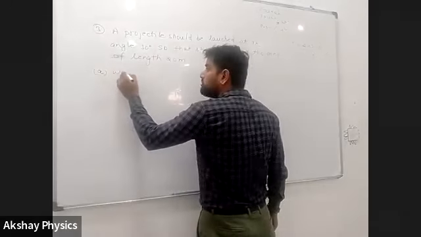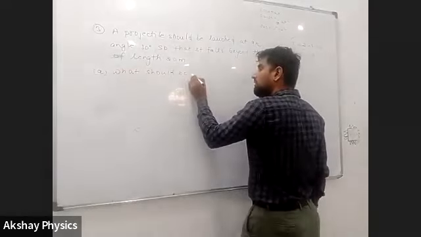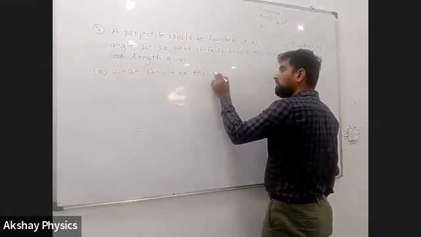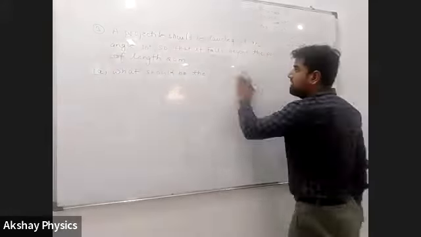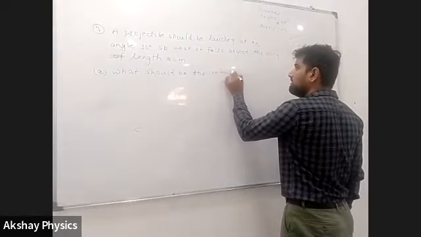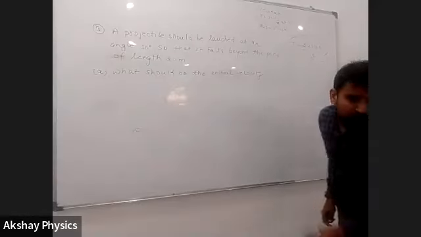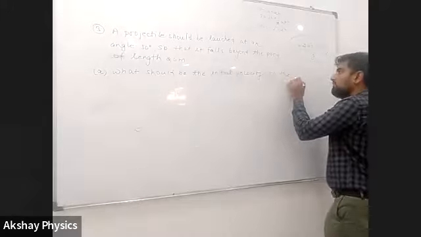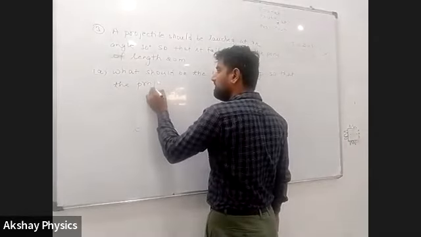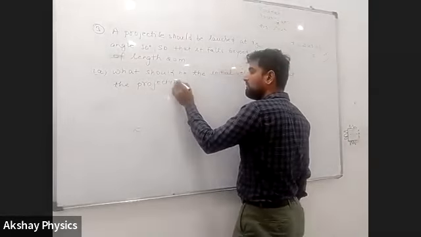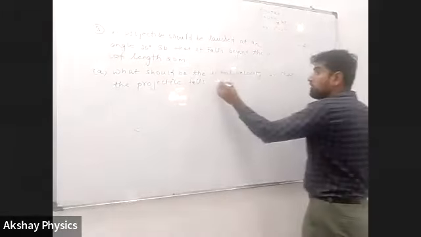The question I'm asking: what should be the initial velocity so that the projectile falls beyond the pond?